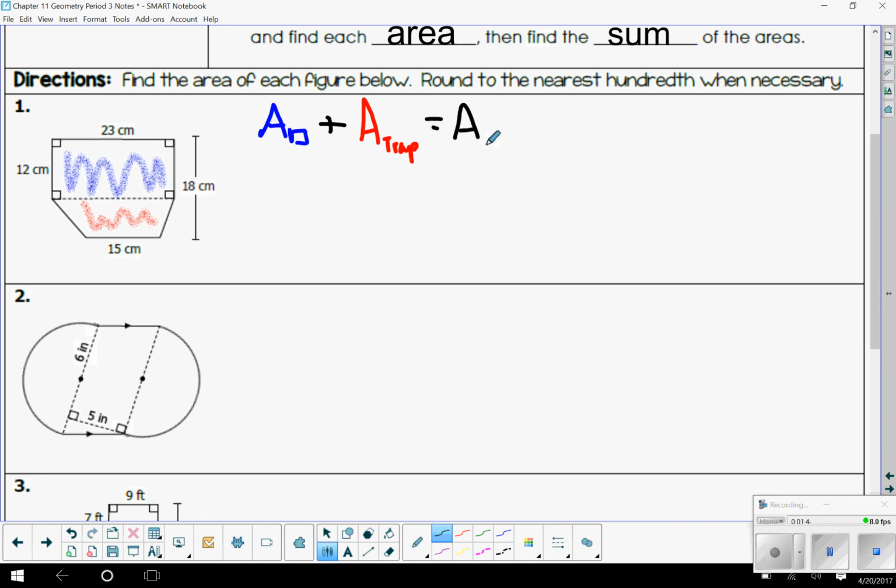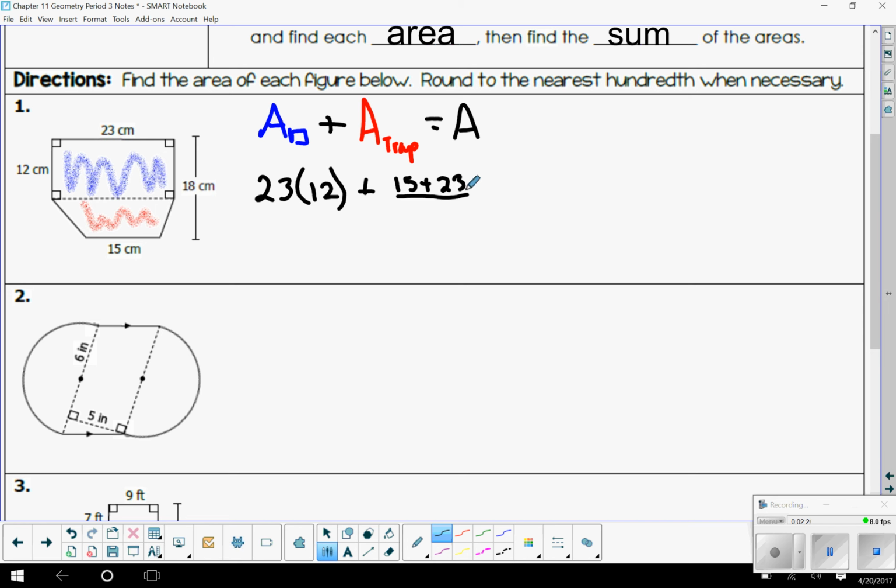The area of the rectangle is going to be 23 times 12. The area of the trapezoid is going to be 15 plus 23, base 1 plus base 2, times the height, divided by 2.